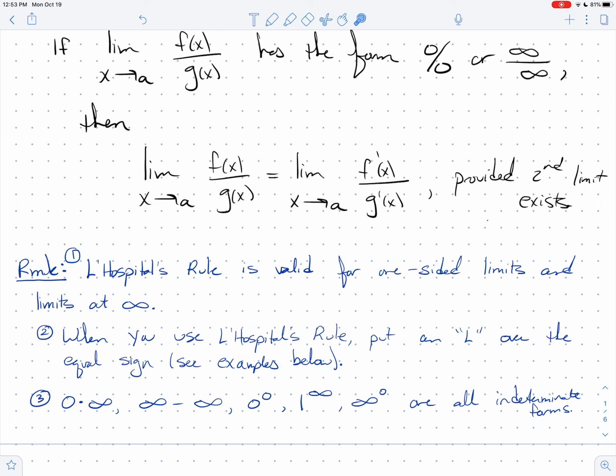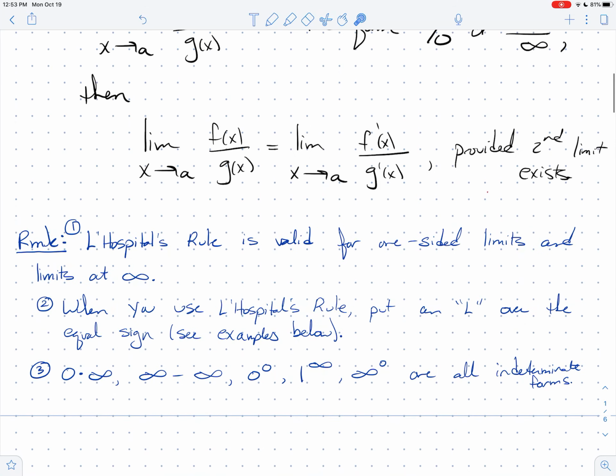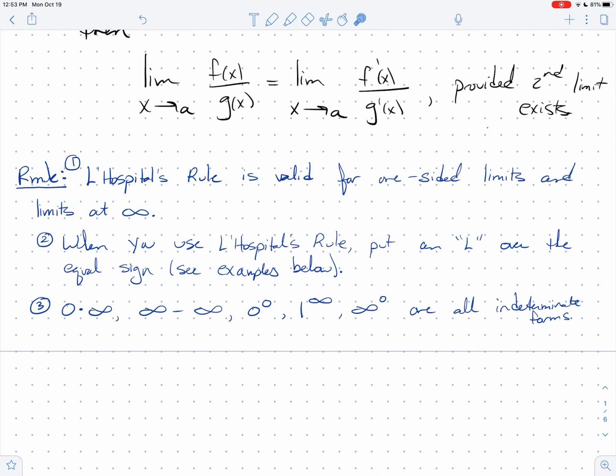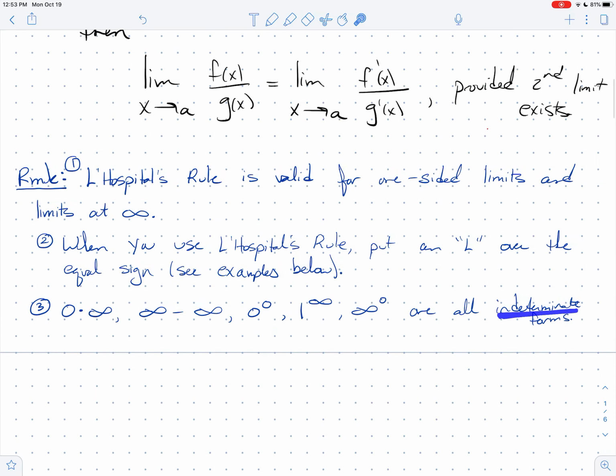Otherwise, your reader, if they aren't aware of what's going on, is going to wonder, what on earth? That's not how you do that. So you want to indicate L'Hopital's rule using an L. Third thing is 0 times infinity, infinity minus infinity, 0 to the 0, 1 to the infinity, infinity to the 0. All of these are indeterminate forms, which mean more work for you.